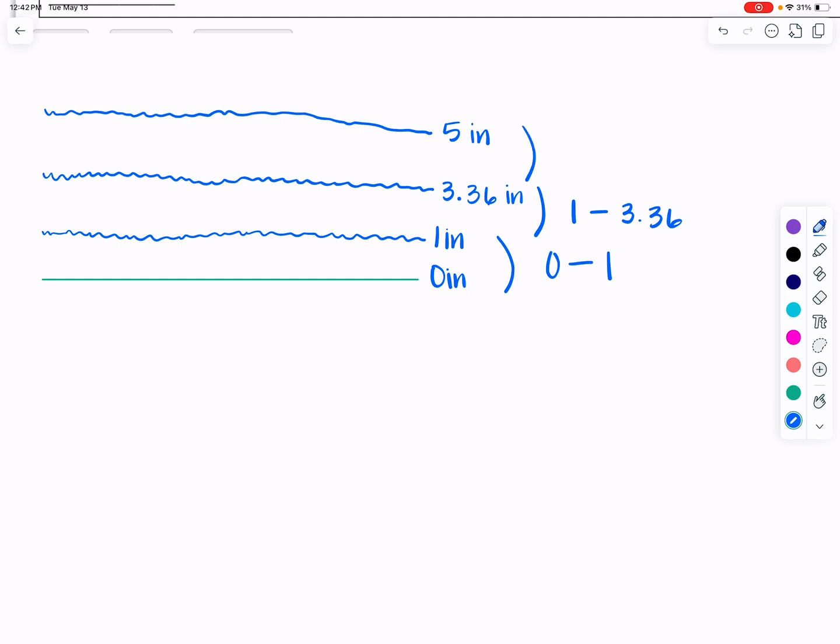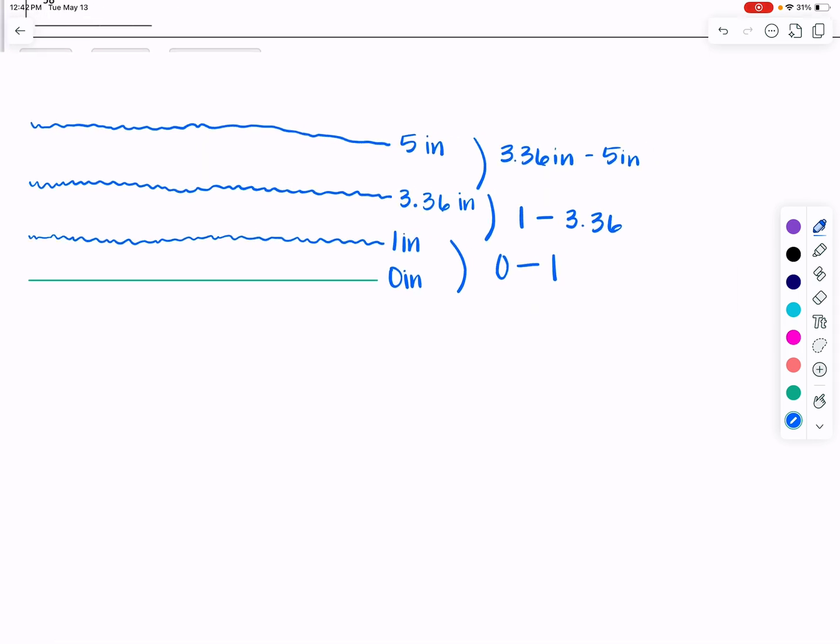This last layer of snow, our measurements for that day would start at 3.36 inches and go to 5 inches. So you can think of these as like the upper and lower ends of the classes.